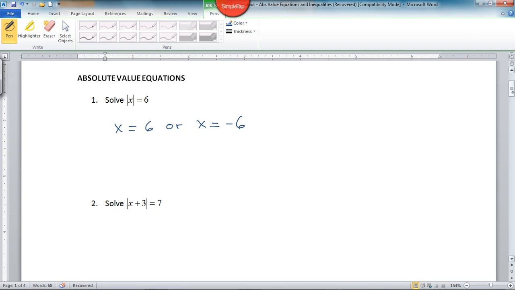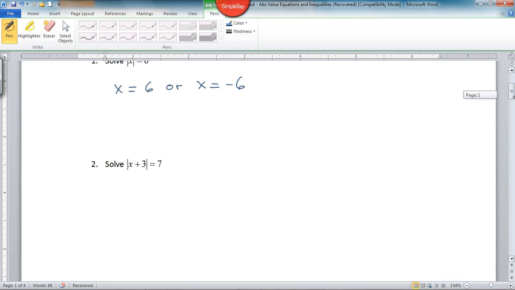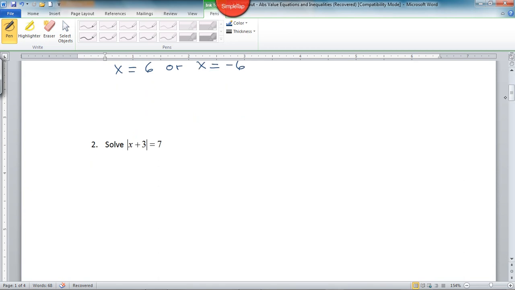Looking at number 2, though, the absolute value of x plus 3 equals 7. Well, the numbers aren't as nice and neat there as in number 1, but let's think about this. Obviously, the absolute value of x plus 3 equals 7, so we could plug in x to be 4. But there is another one.